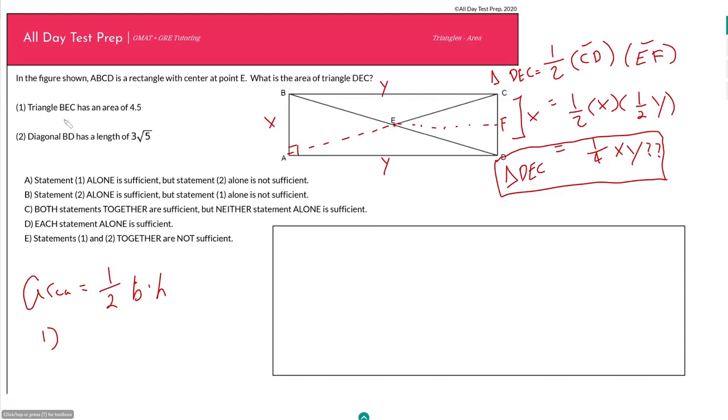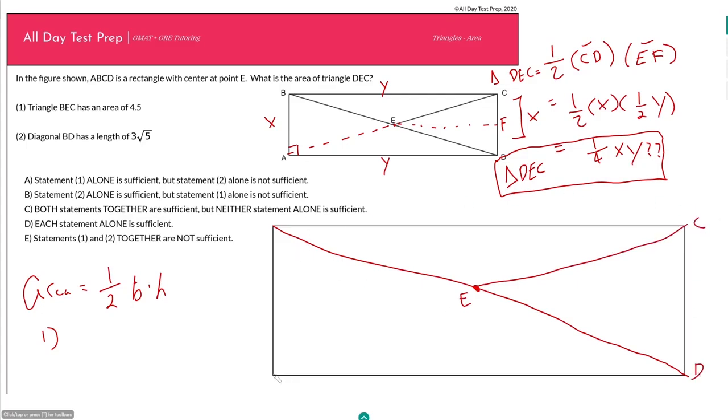Triangle BEC has an area of 4.5. So which triangle is that? Now, make use of my big diagram I put here.